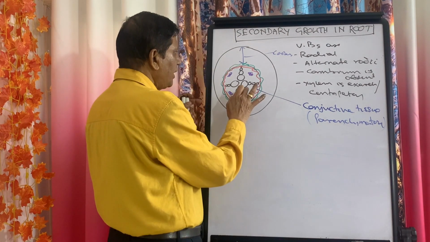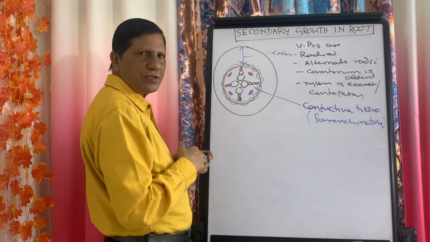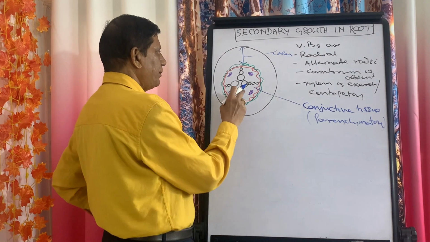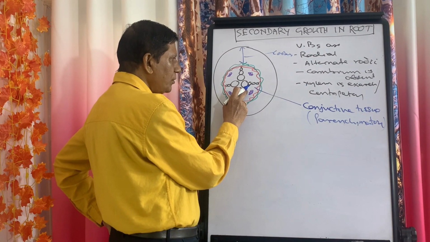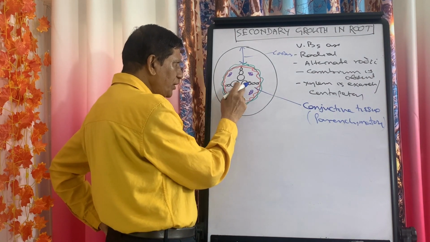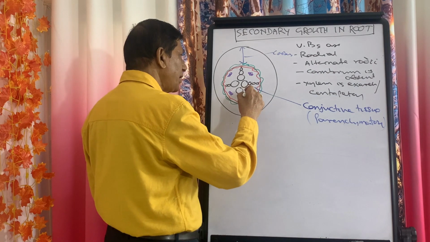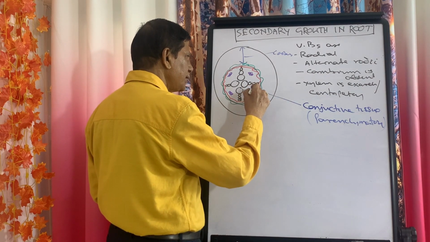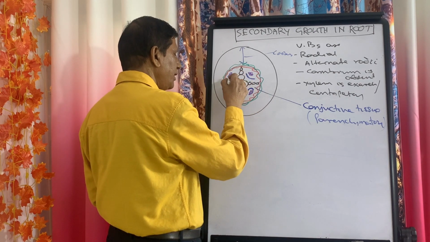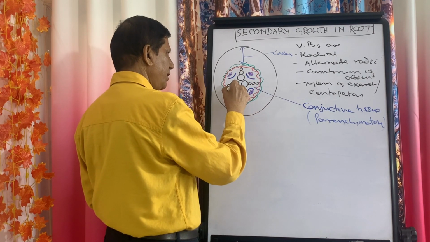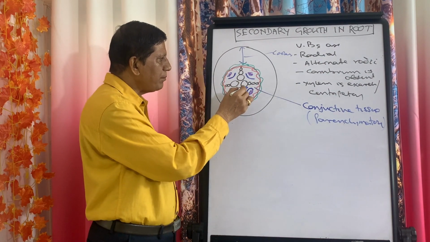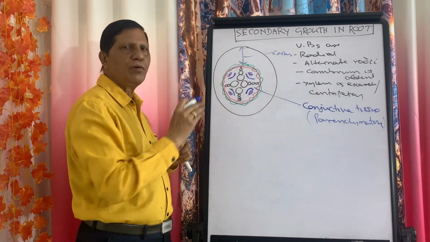Now, in the conjunctive tissue which is parenchymatous, the growth will start. That means the parenchymatous tissue, or you can say the conjunctive tissue, which is located inner to the phloem, will give rise to an arc of cambium. Here one arc of cambium is formed, here one arc of cambium is formed, then here one arc, here one arc. Since we have drawn 4 vascular bundles, that means 4 arcs of cambia are formed just inner to the phloem.